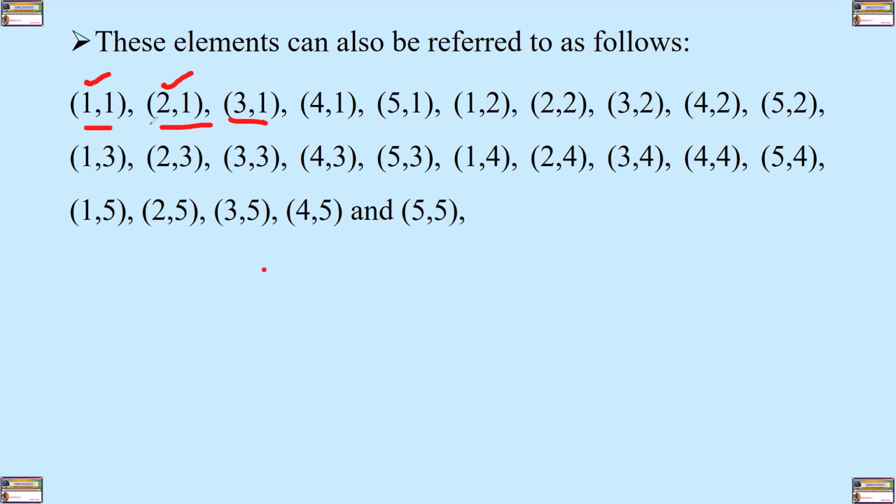But the second element is not changing until the order is changed. So that is what helps you identify the order which is being used. Is it row major or column major? If you find that what is changing is the row, then that is column major. If you find that for every element the column is changing, that will be row major.